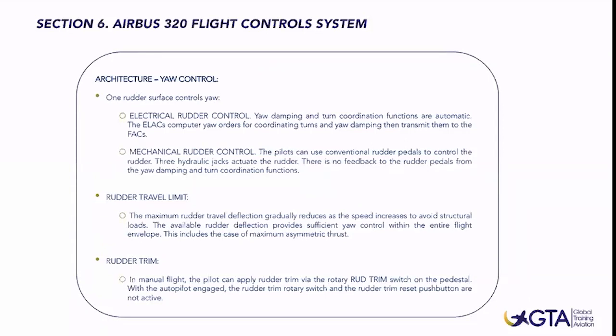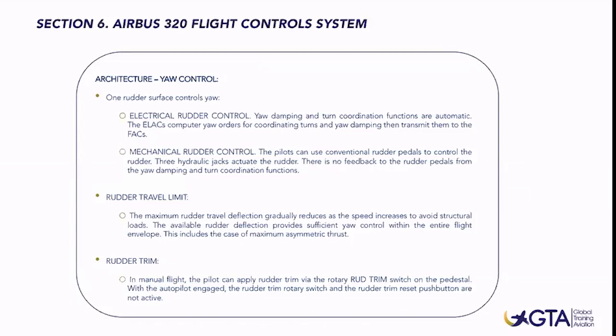Well, what about yaw control? We have one rudder surface controlling this yaw movement. Electrical rudder control is for yaw damping and turn coordination. This function is fully automatic, and the ELAC computer sends yaw orders for coordinating turn and yaw damping, then transmits this order to the FAC.